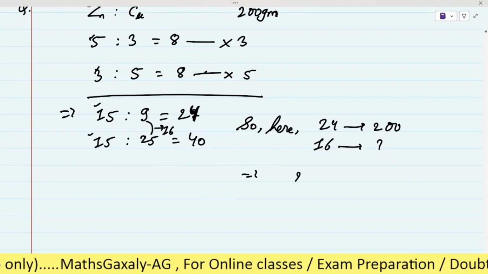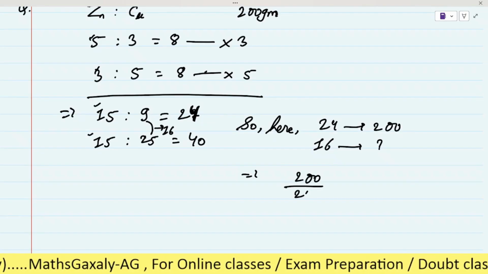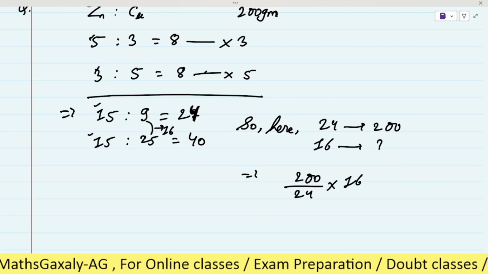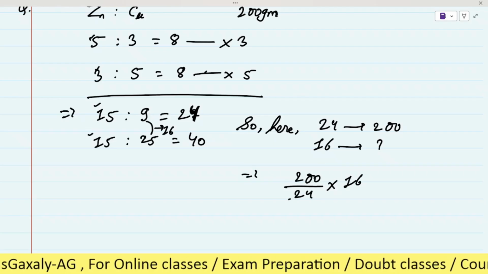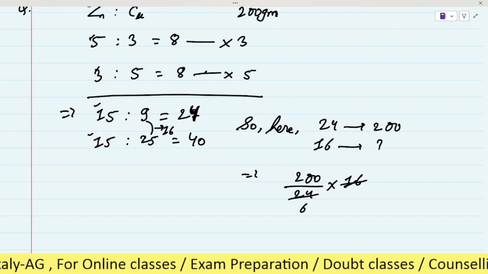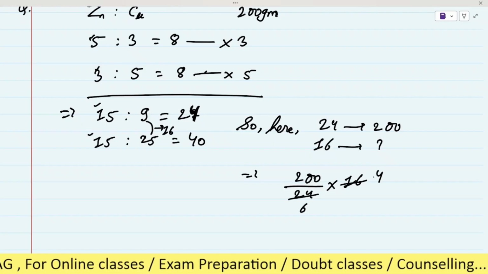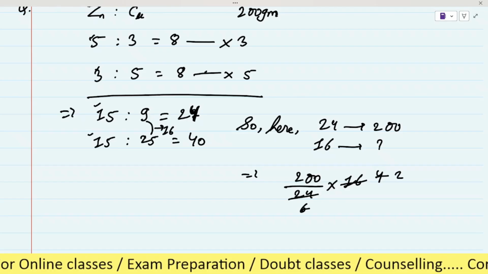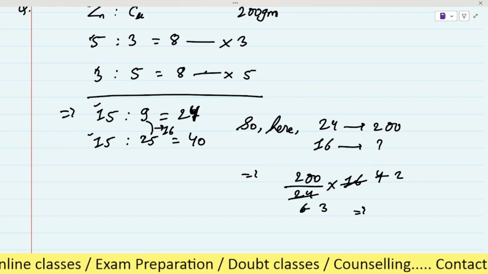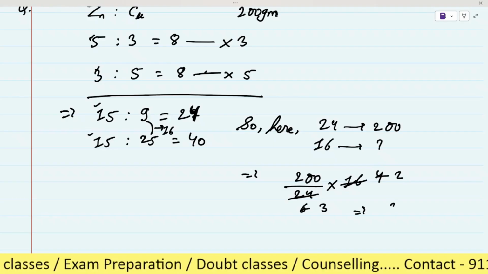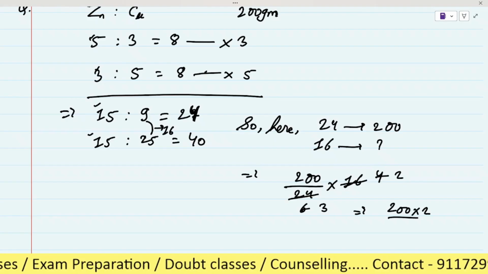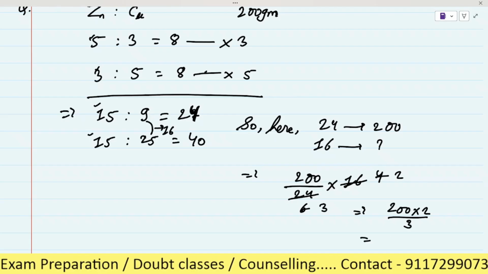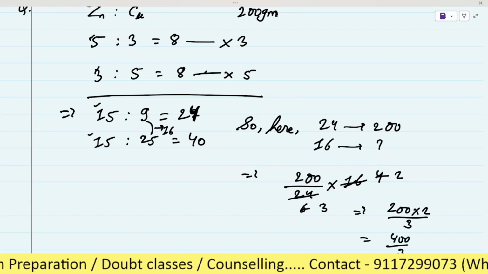So we will get 200 divided by 24 into 16. 4 sixes are 24, 4 fours are 16. 2 twos are 4, 2 threes are 6. So this value will be 200 into 2 by 3. It means it will be 400 by 3.